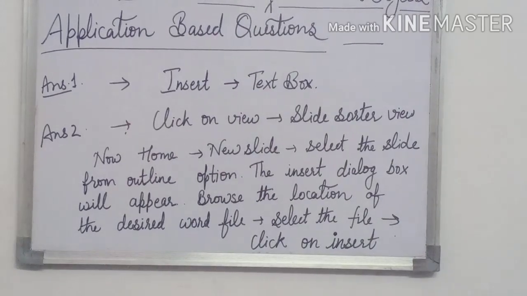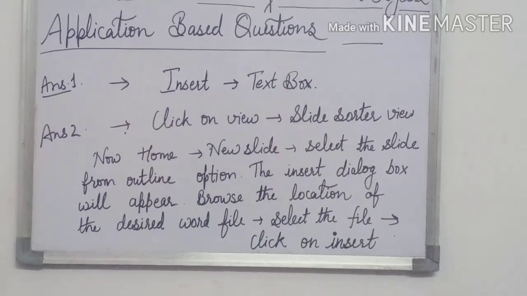Whenever you open any slide, there is a placeholder. What was the placeholder? That is the dotted box on which you can write anything, but the teacher has asked Kabir not to use any placeholder in it. Then how can he write in this? If you want to write something in the slide except the placeholder, then you can use the text box.